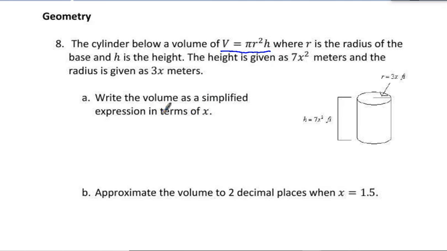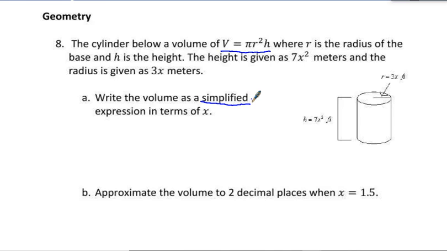So in the first part, we want to write the volume as a simplified expression in terms of x. More times than not, students will write just a substitution of what was given into the given formula, but they will not simplify. This is what's asked in this question, and it's very important.